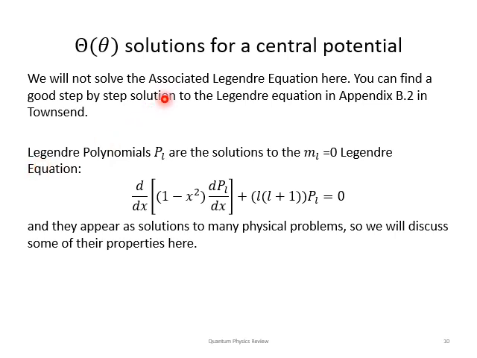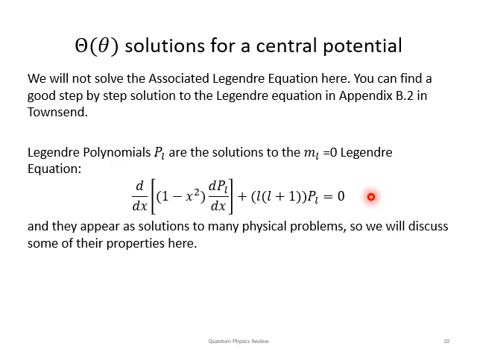So we're just going to solve here for the Legendre polynomials, which correspond to the special case when m sub L is equal to 0. So take the Legendre equation and set m sub L equal to 0. And you end up with this differential equation, and the solutions to this differential equation we've written here as P sub L are called the Legendre polynomials.